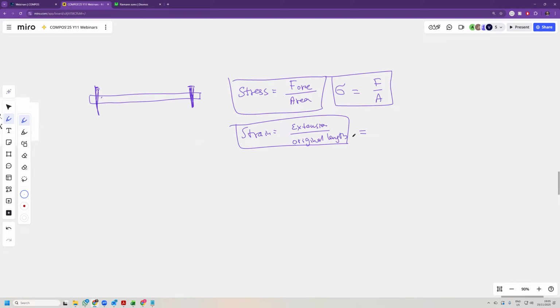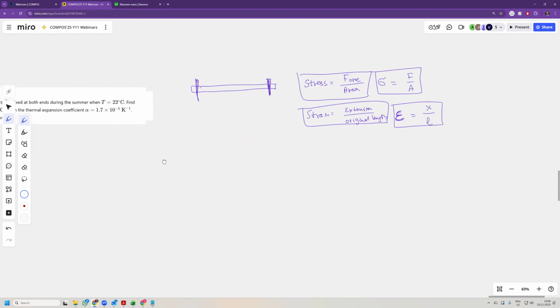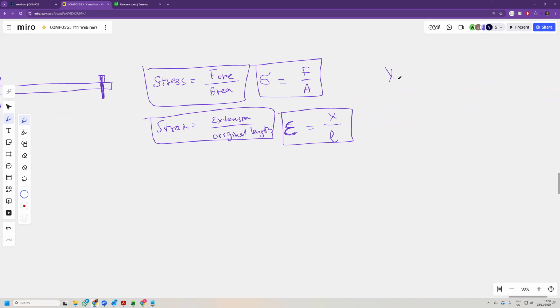For strain, we use the Greek letter epsilon. Epsilon is the extension x divided by original length L. And the Young's modulus Y is stress over strain.